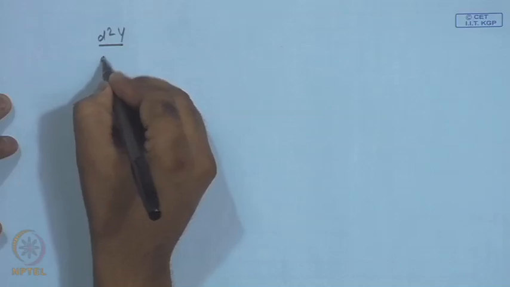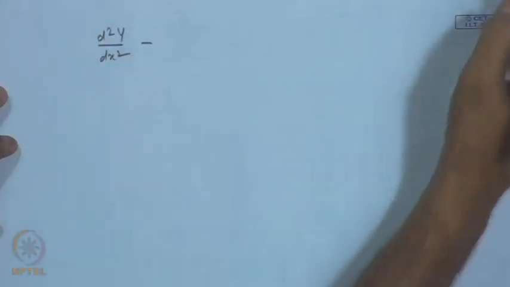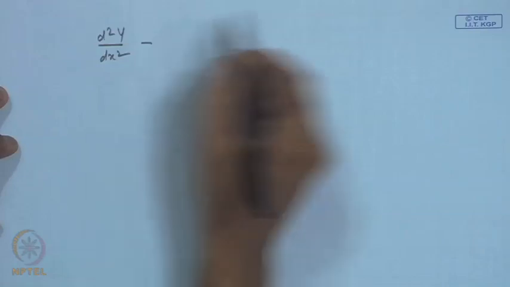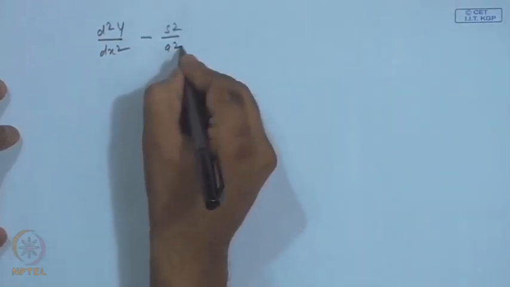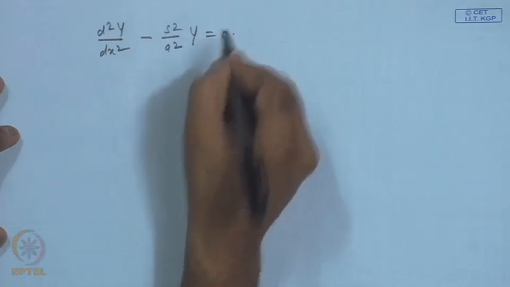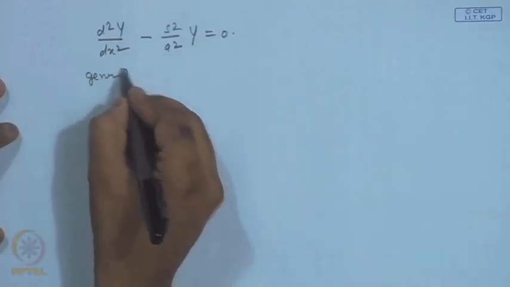So, let us just rewrite it again. We have d 2 y over d x square minus s square over a square y is equal to 0. And now its general solution is easy.